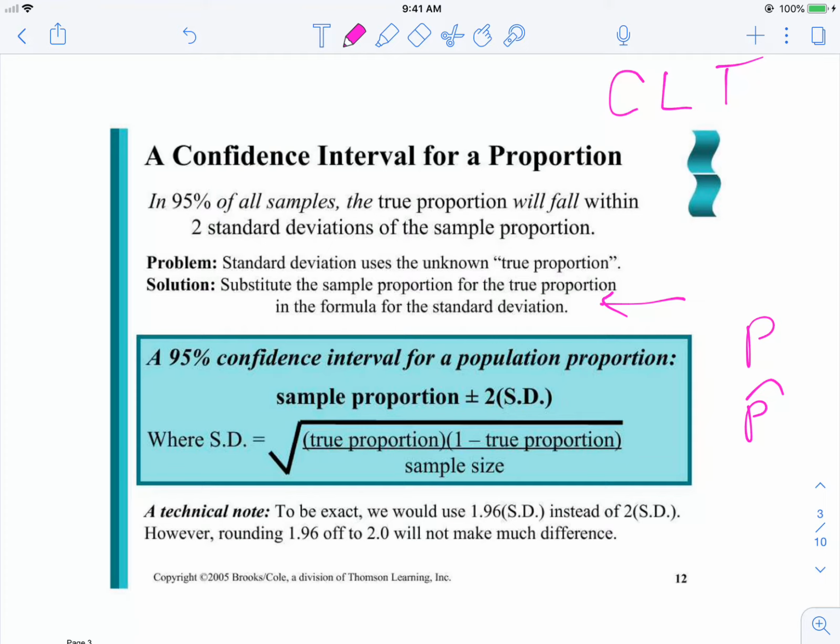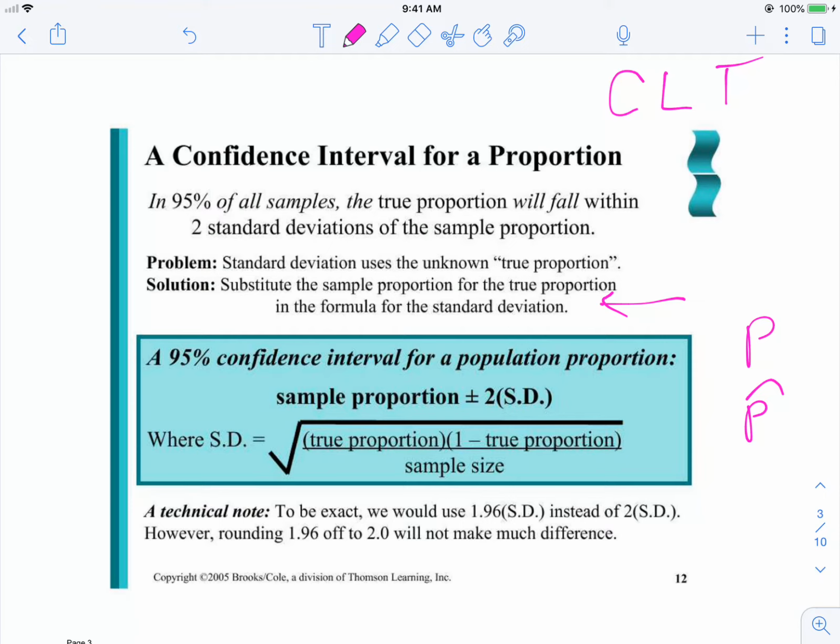We haven't looked at it directly here, but on the top of each of these lesson pages, you have a link to our equation sheet for these sections. And on that equation sheet, it's emphasized the difference between the notation for the population, which would be P, population proportion, and for the sample, P hat.